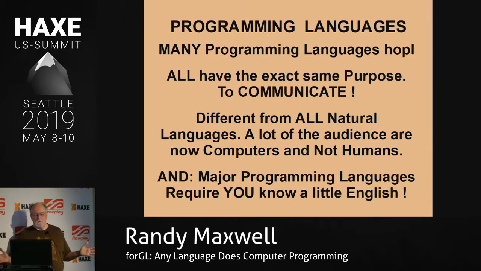But programming languages basically have the same purpose as any kind of human natural language. It has to communicate. If it's not good communication, well, okay. You can do a language that only 2 people on the planet know about, but that's it. Those 2 and maybe the compiler or the interpreter.